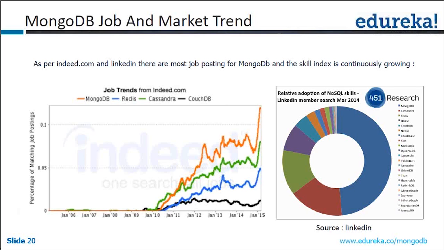And in the right section, we have the market trend. If you see the adoption of NoSQL technologies across industries, we have tried to give some picture. So that's another statistic that I want to give you.